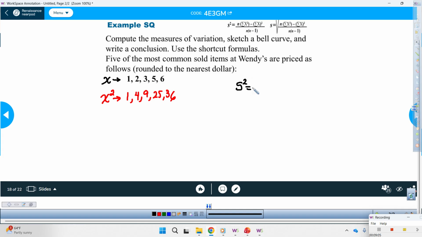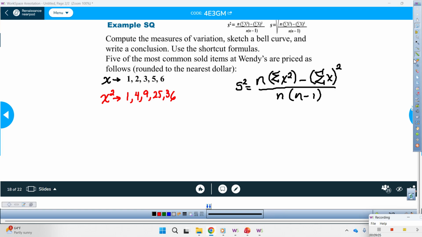S squared equals n times sigma, or the sum of x squared, close parentheses, minus, open parentheses, sigma, or the total sum of x, close parentheses, squared, focus please, and then n times n minus 1. So this is the information that we need.